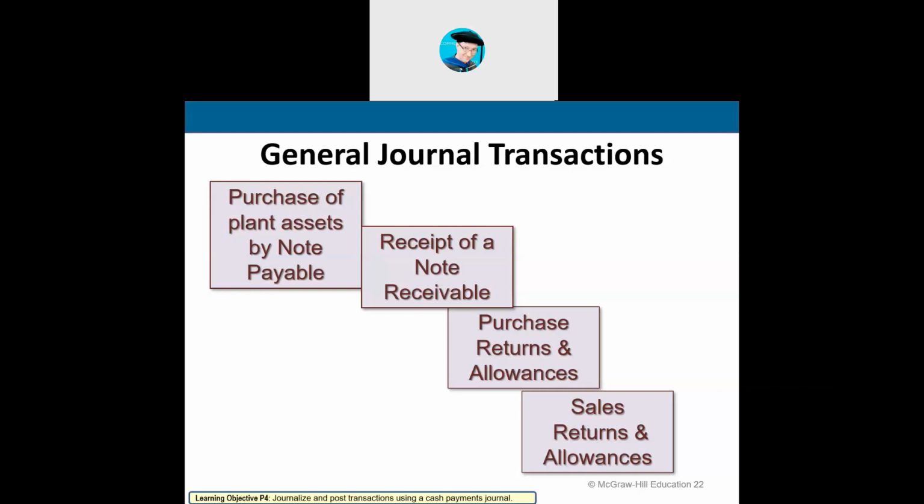We would debit purchase returns and allowances, sales returns and allowances for various reasons. These are all what we call special journal entries. As you would think, they don't occur that often, and that's why through a general journal entry, we would make that directly into the accounting information system to journalize and post transactions with the use of cash.